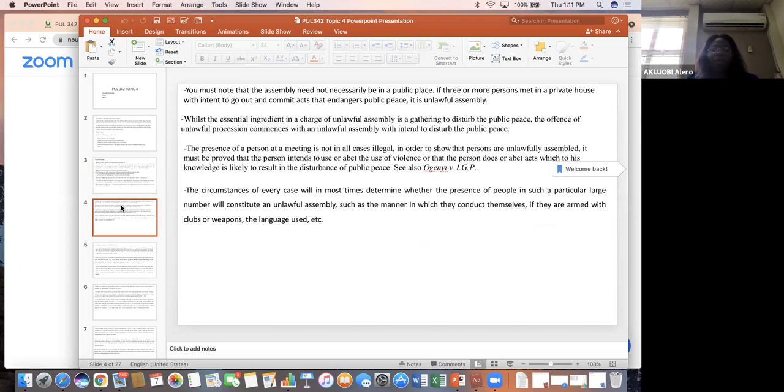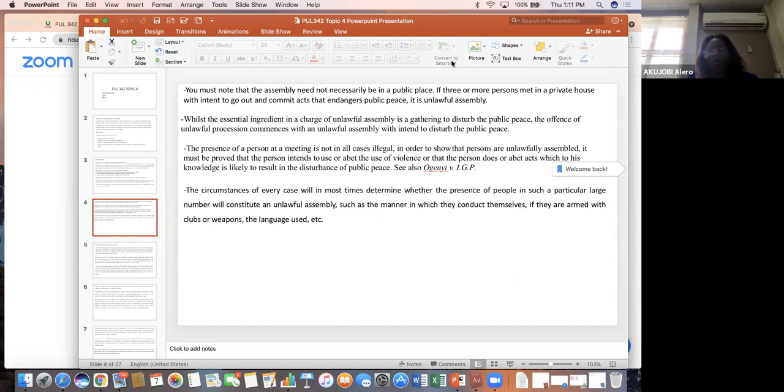So having said that, it is also important that the assembly need not be in a public place. Where 3 or more persons with intent to go out and commit acts that endanger public peace, it is an unlawful assembly.